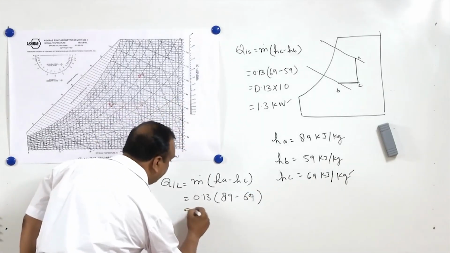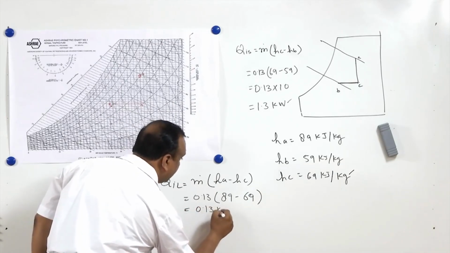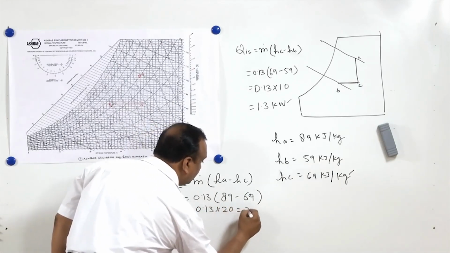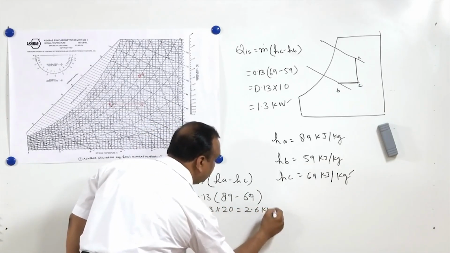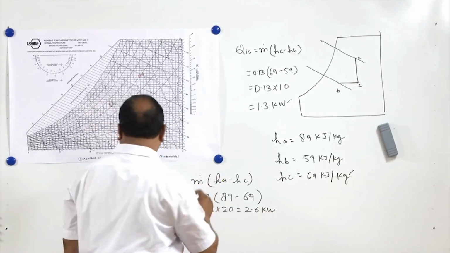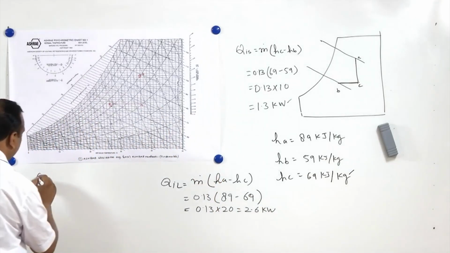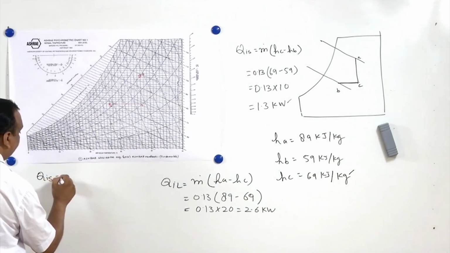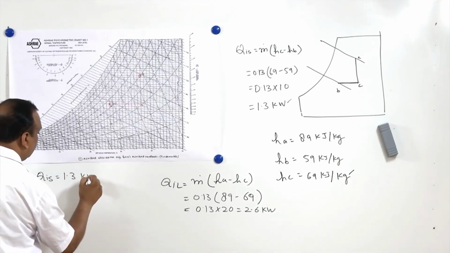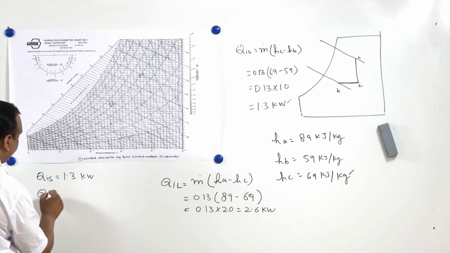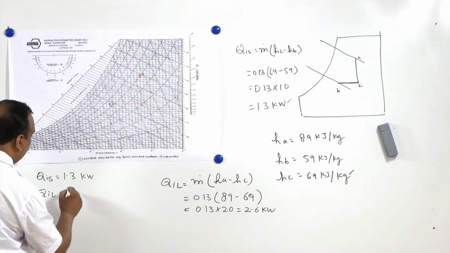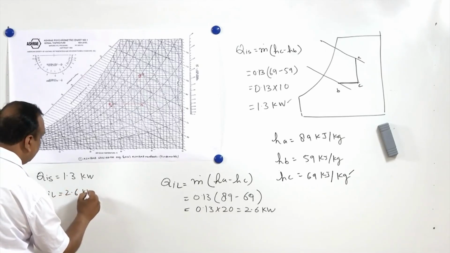Now this is going to be 0.13 multiplied by 20, or 2.6 kilowatts. So we will write here, infiltration sensible heat is 1.3 kilowatt and infiltration latent heat is 2.6 kilowatt.